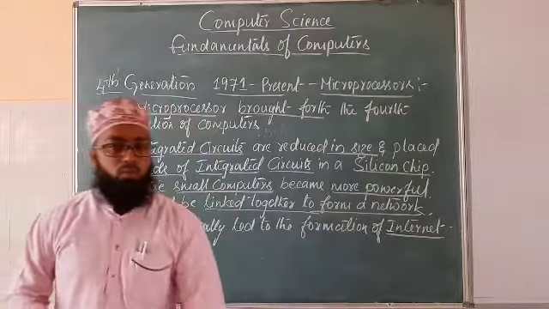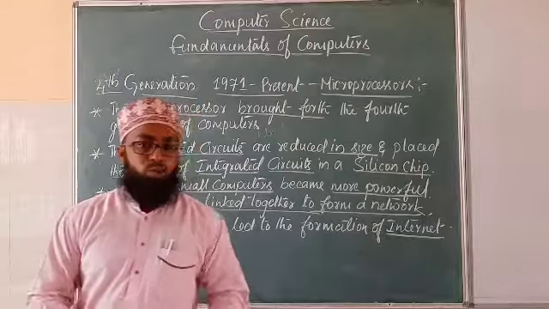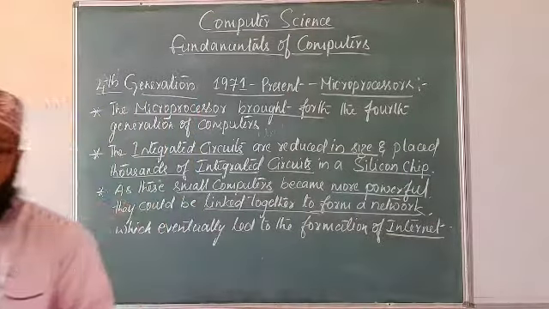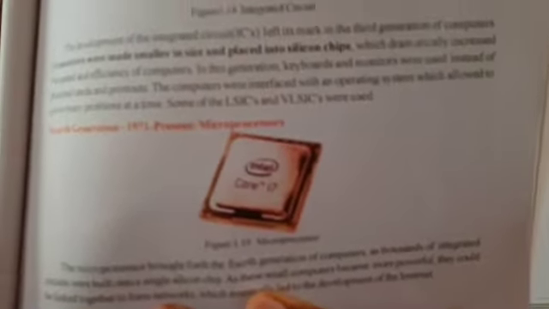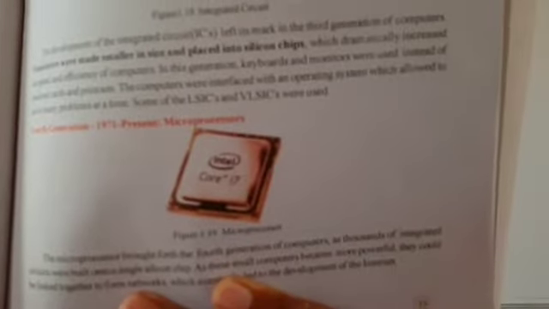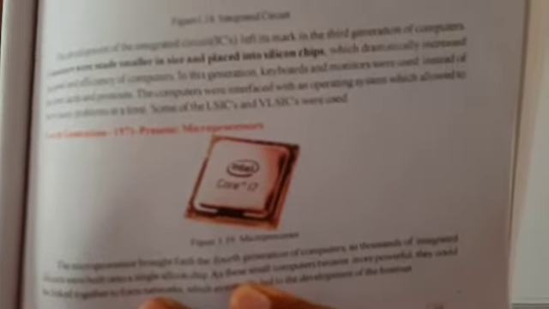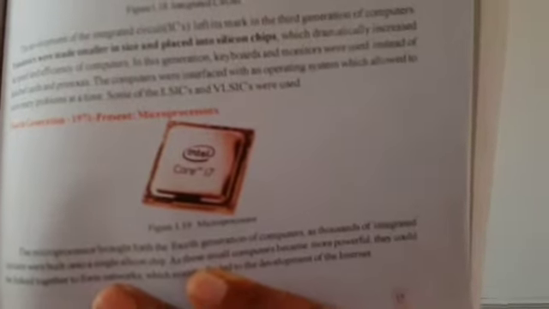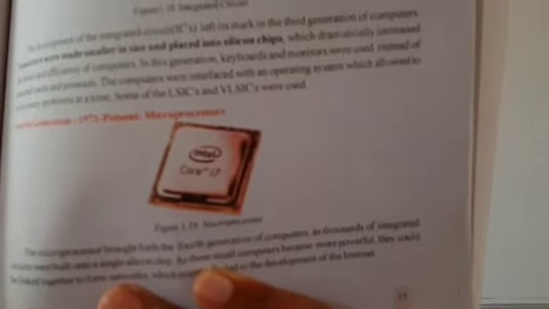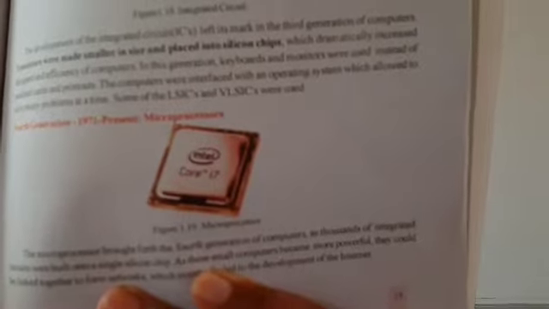Now I am going to show you the microprocessor. One more thing regarding the microprocessor: it has three names. One, it is called a microprocessor. Number two, it can also be called just a processor, and number three, it can also be called the CPU, the central processing unit.